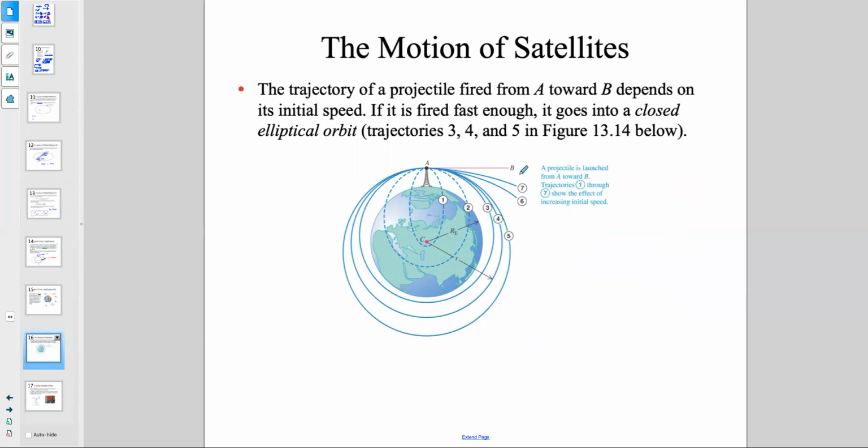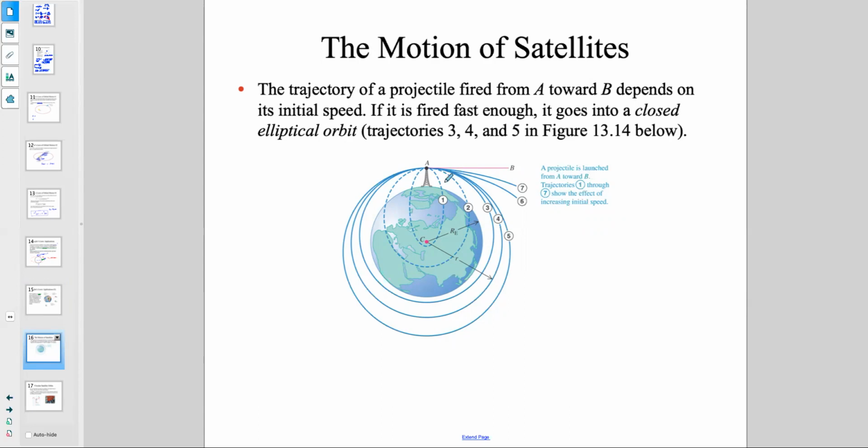It is important to know what your initial speed is, because the initial speed will indicate if you're going in a closed path, or if you're doing one complete rotation around Earth, or if you're not. For the projectile launched from A towards B, trajectories 1 through 7 show the effect of increasing initial speed.